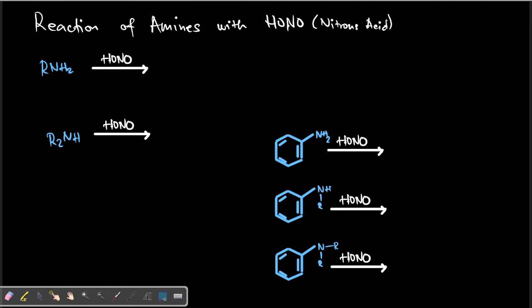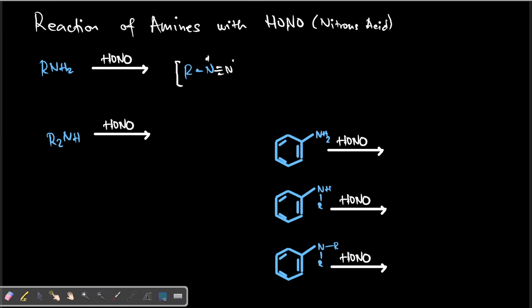So what will happen here for the initial reactions of primary amines with HONO, we will actually have this product ganito. So we will have here our R group, our nitrogen. Then we will actually have here a triple bond with nitrogen, bearing a positive charge on our amine nitrogen.